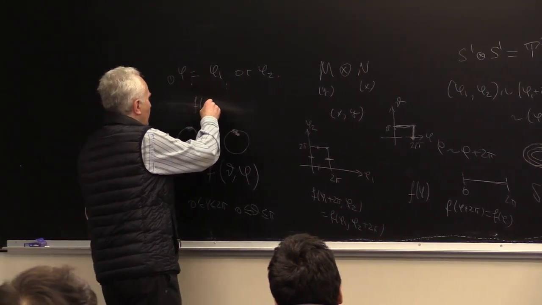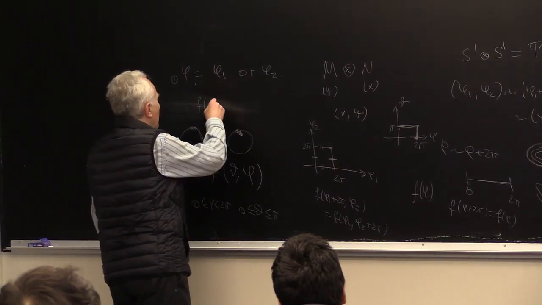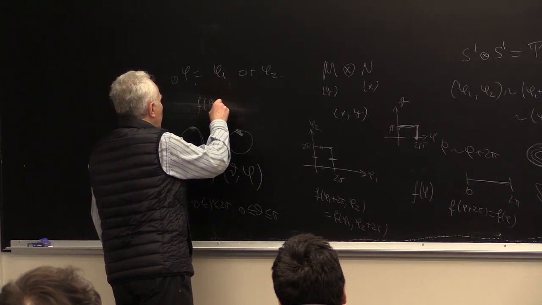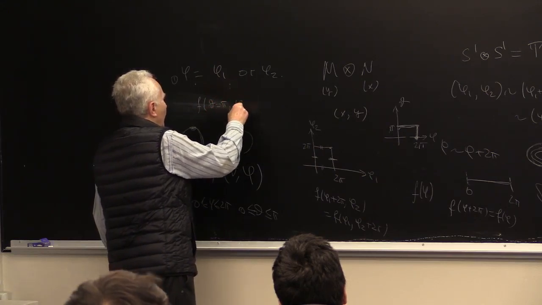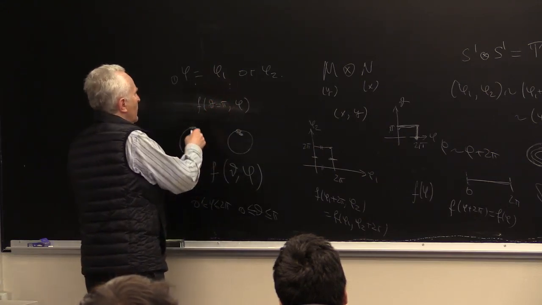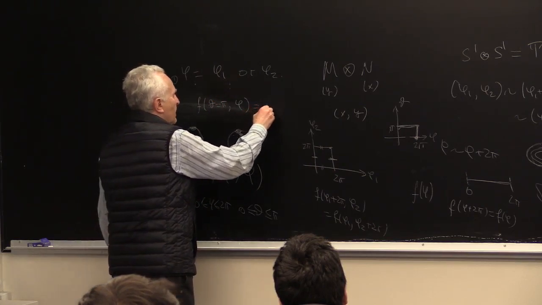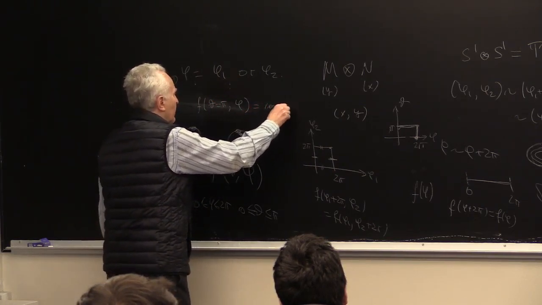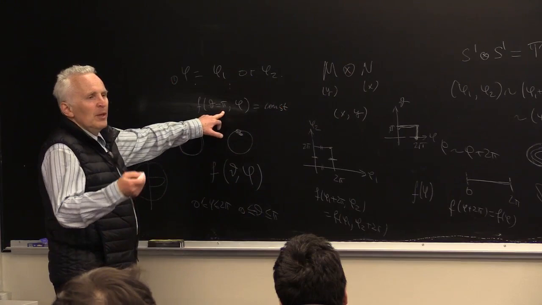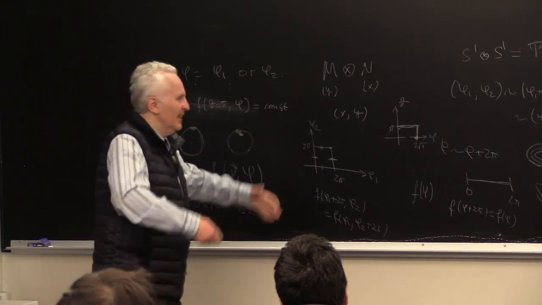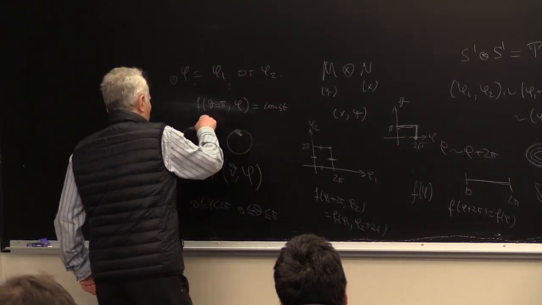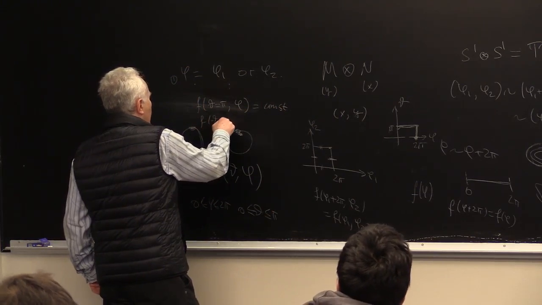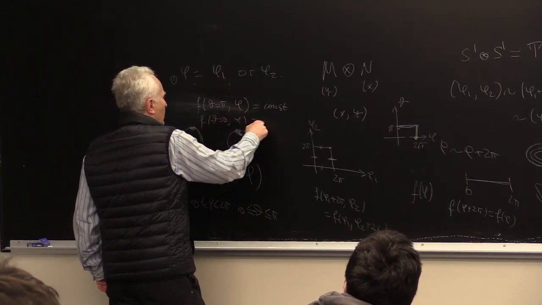If you have theta equals pi, then it should be phi independent. It must be a constant. And f at theta equals 0 is also a constant.